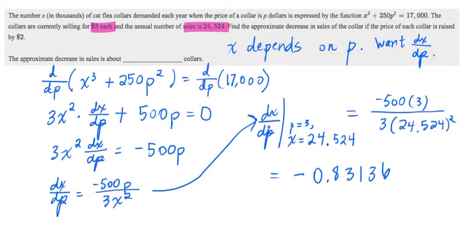So what that means is when price increases by 1, the sales drop by this much, and X is in thousands, so it's dropping by about 831 sales total if you increase the price by 1. So if you increase price by 2, sales are going to drop by double that much. Let's go back to the calculator here and do a times 2.